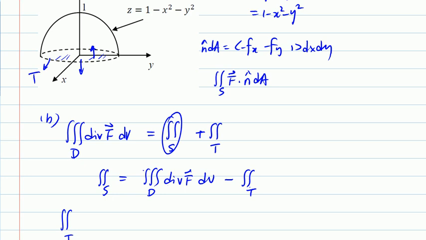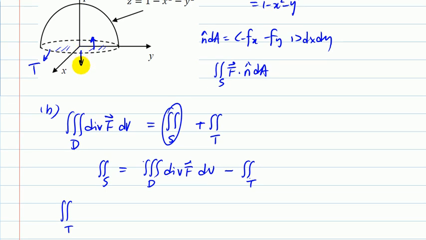For the divergence theorem, always remember that the direction for the surface enclosing the region is the outward direction. So you should not take this direction when you calculate the surface at the bottom; you should take this direction.